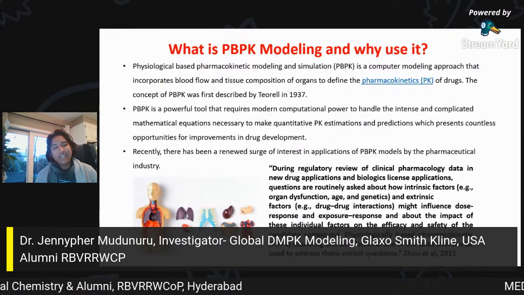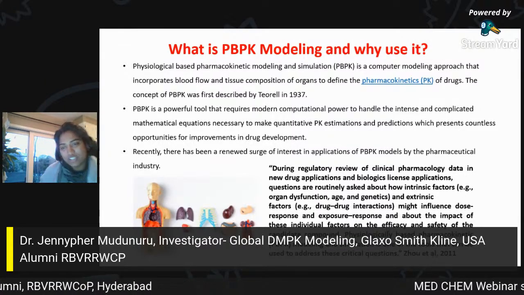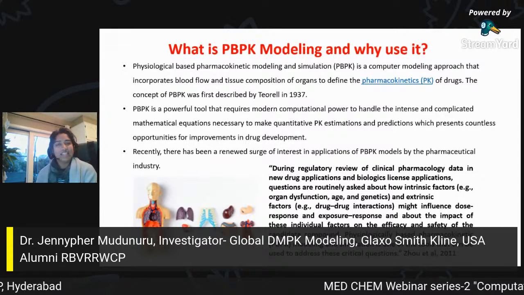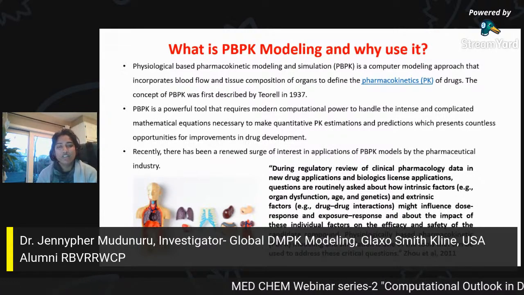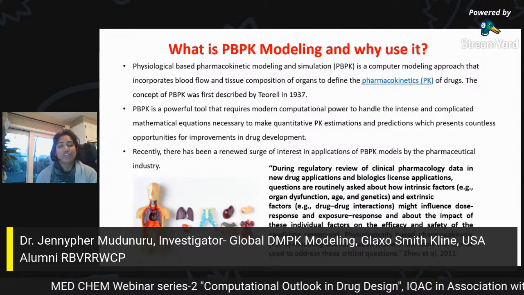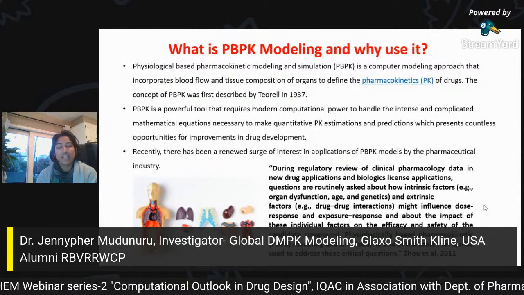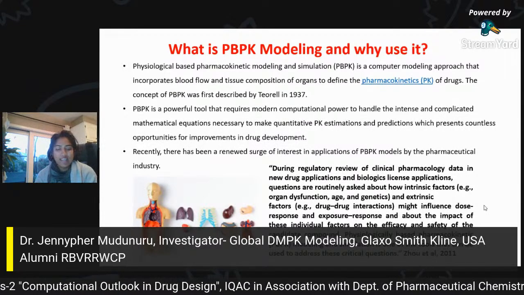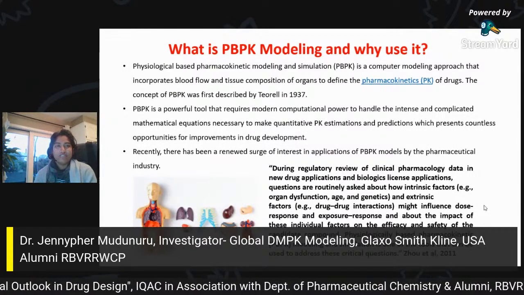So when the regulators started asking these questions, one way to answer them was to use these computational tools. PBPK modeling became one of those tools that could be used to answer these critical questions in a limited amount of time.